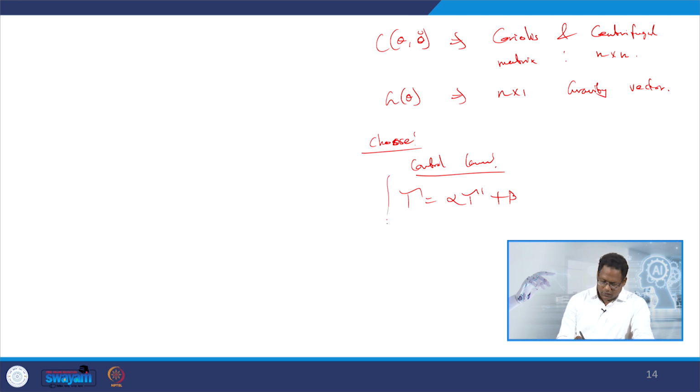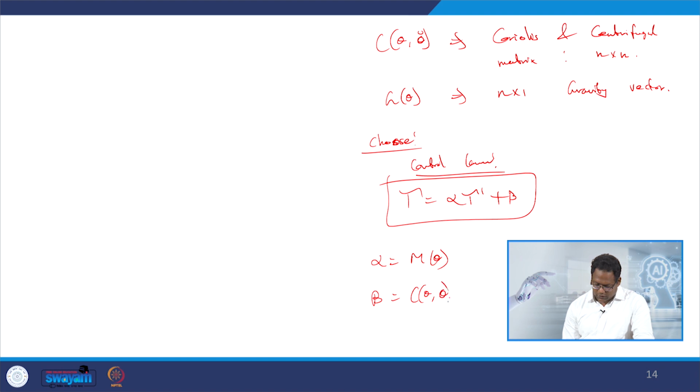We have chosen this control law tau equal to alpha tau dash plus beta, where alpha equal to M of theta and beta equal to C of theta comma theta dot into theta dot plus G of theta, and tau dash is nothing but the servo law, which is given by theta d double dot plus Kp e plus Kd e dot.